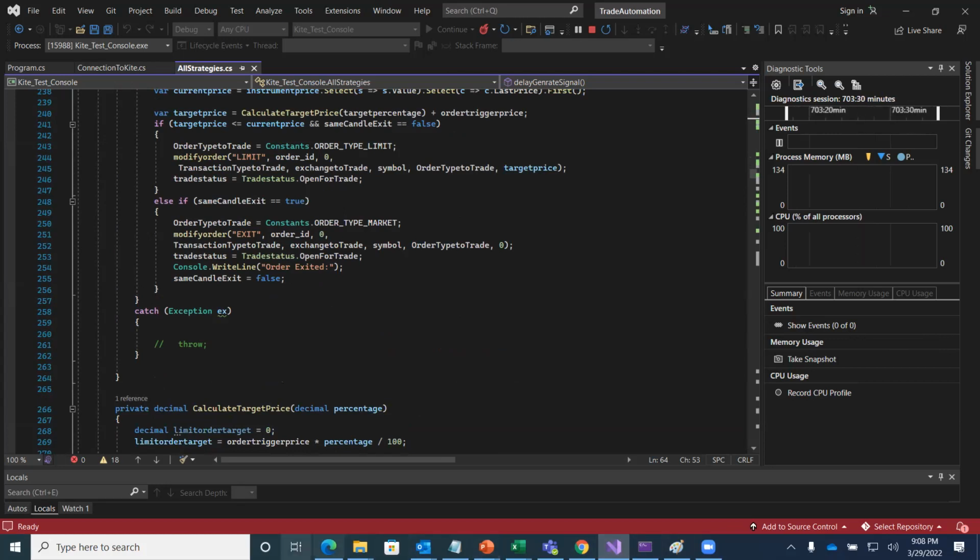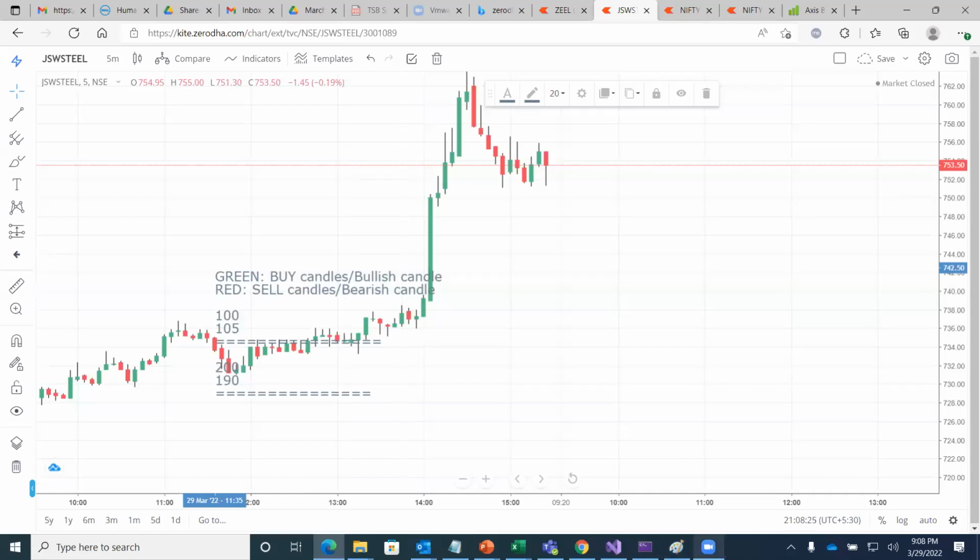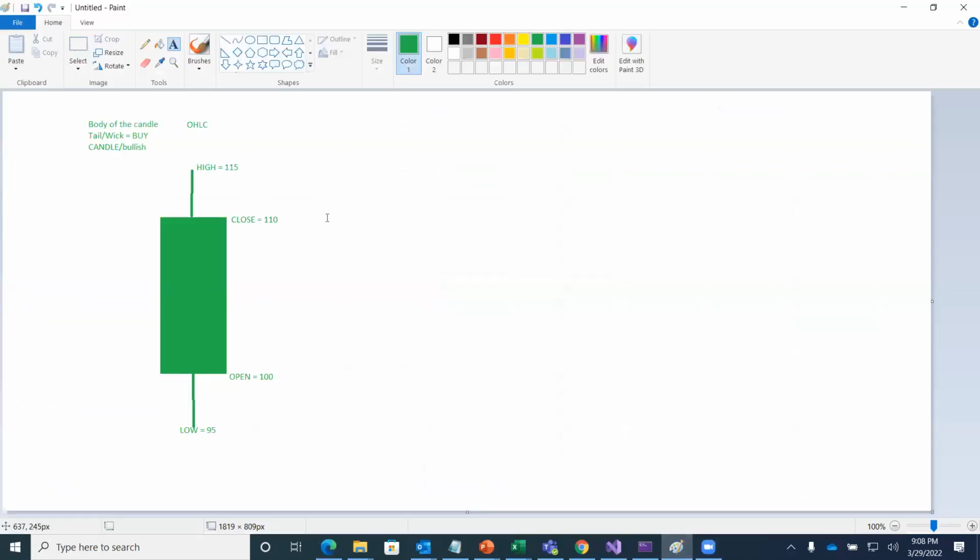Okay, let's come back to, where were we? Yeah, here. Not here. This one. Now, similar to this, let's take the sell candle. This is the typical candle we are discussing.